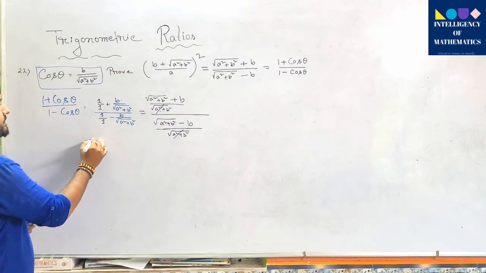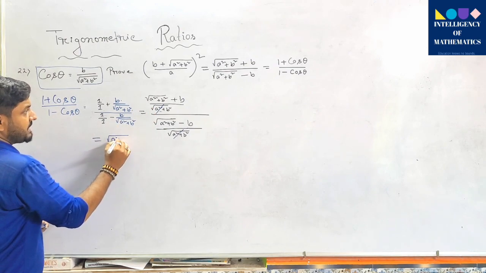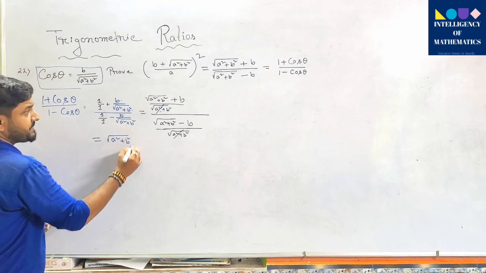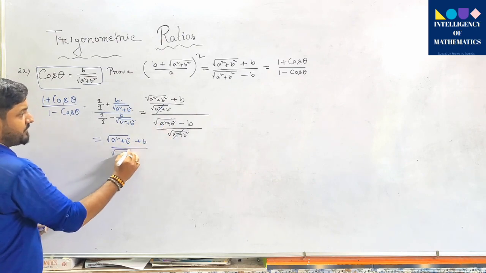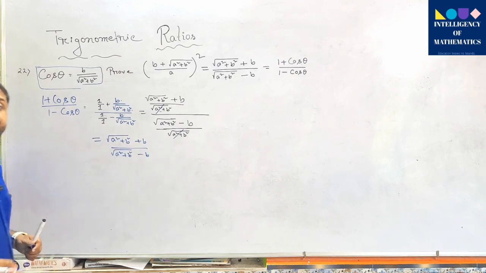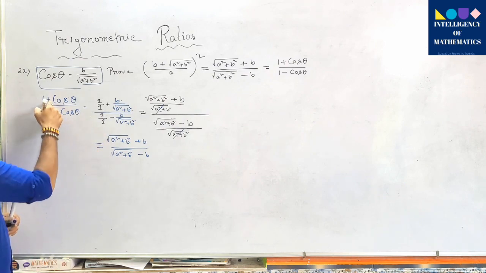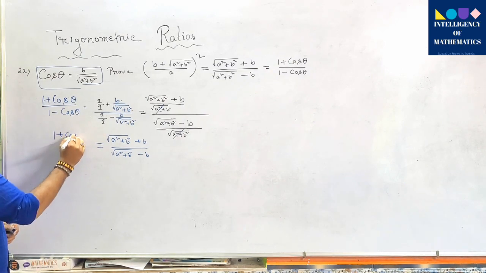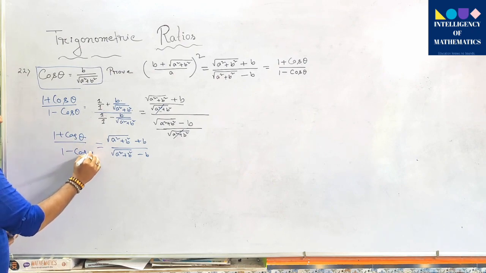Now what did we get? We got root over a square plus b square plus b, by root over a square plus b square minus b. This is the value we got for 1 plus cos theta by 1 minus cos theta.